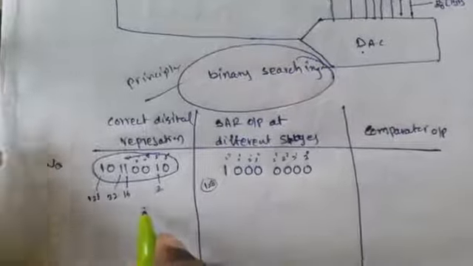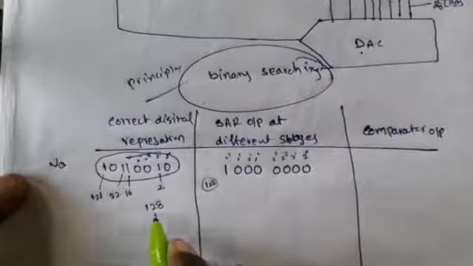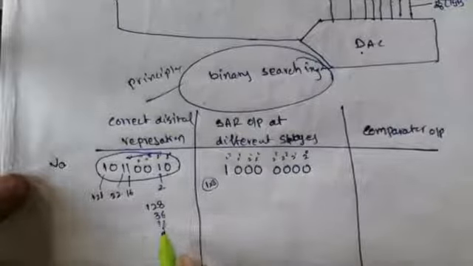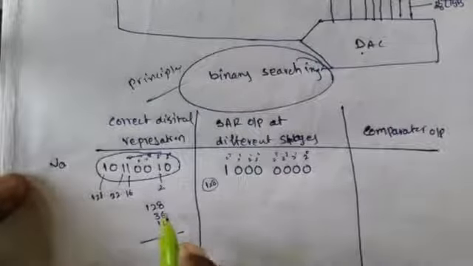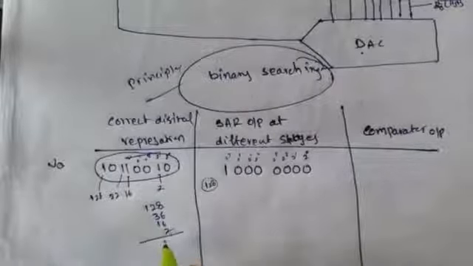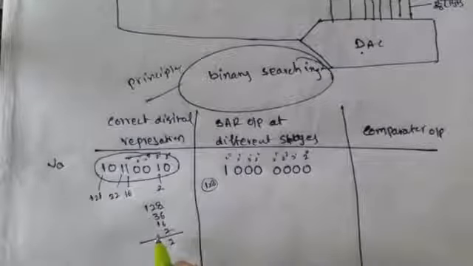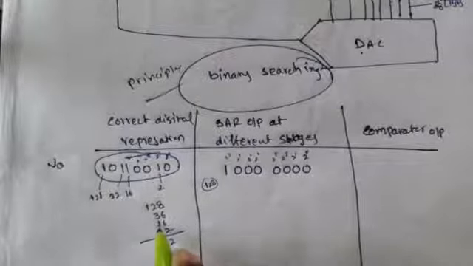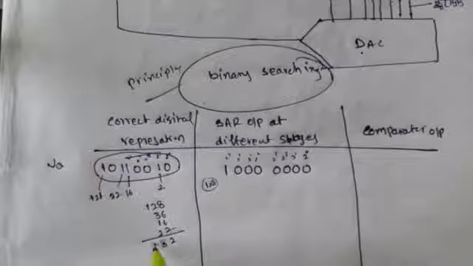So your analog input data will be 128, 32, 16 and 2, which adds up to 182.